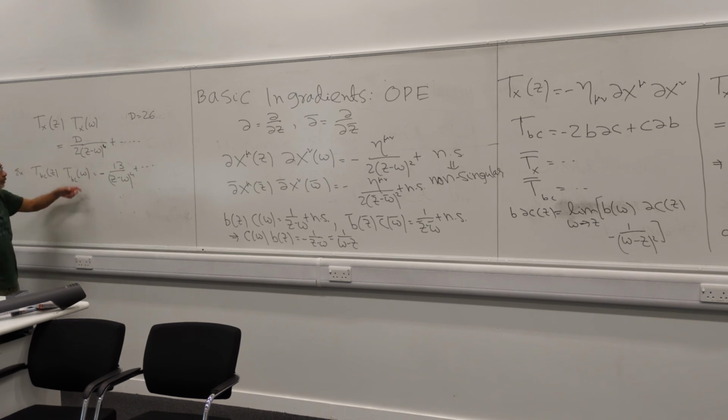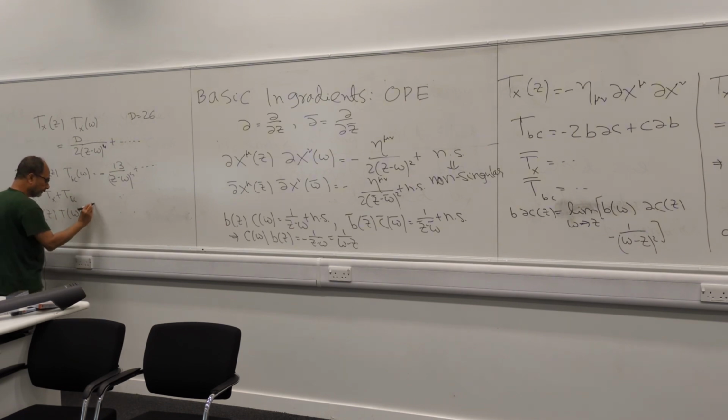When you combine these two, we see that if you define T as T^X plus T^bc, then T of z with T of w gives you D minus 26 over 2 times (z minus w) to the 4 plus lower order terms. And we see that this term vanishes for D equal to 26.